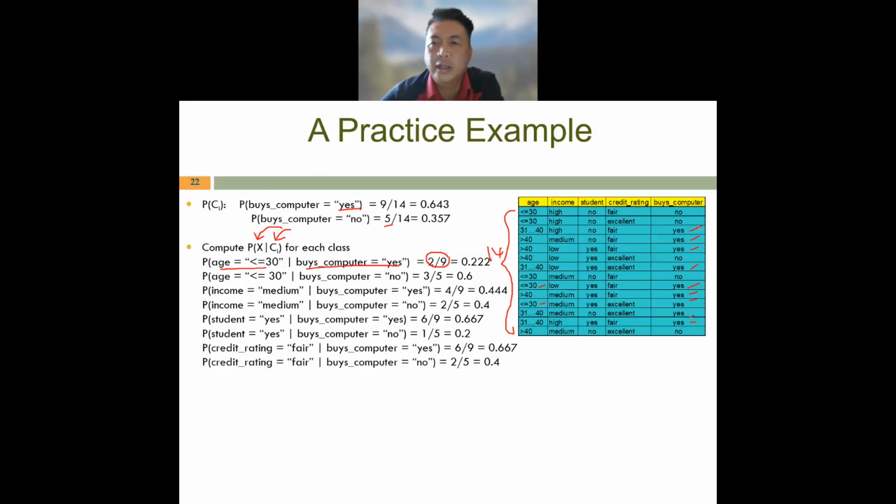Okay, so we only have 9 number of yes. When we look at no, not buying computer, so 5, we have 1, 2, 3.